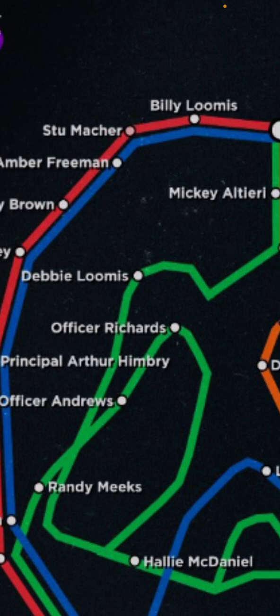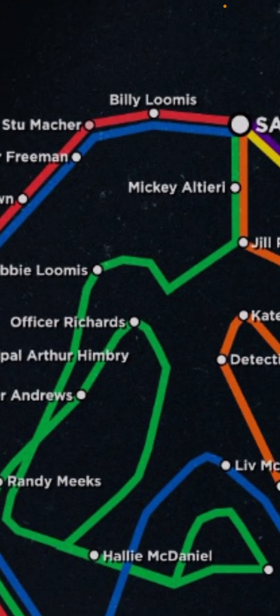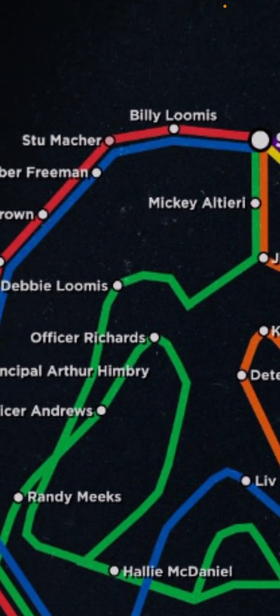I've already been straightforward with these theories and how I feel about them, but these theories are going around again because of this map, with Stu Macher's name having the red instead of white like everyone else, and that's what fans are going with now, that they're trying to hint at him returning and still being out there, and that's why they did that.